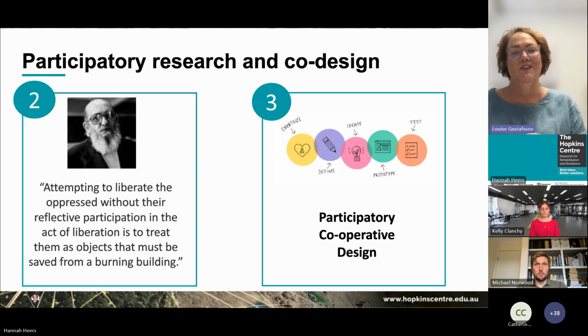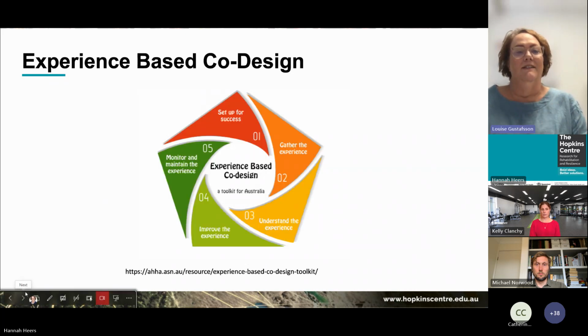King's College in the UK picked this up and started to talk about experience-based co-design as the way that we should be developing our healthcare systems and services. And for us here in Australia, that is represented by the experience-based co-design toolkit that's readily available to us, and some of you might recognise this image.